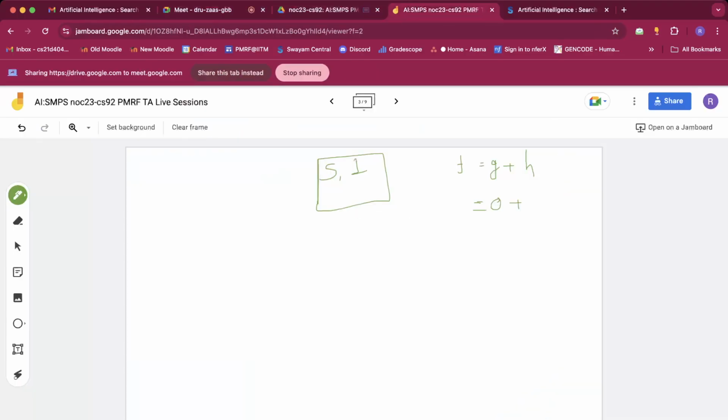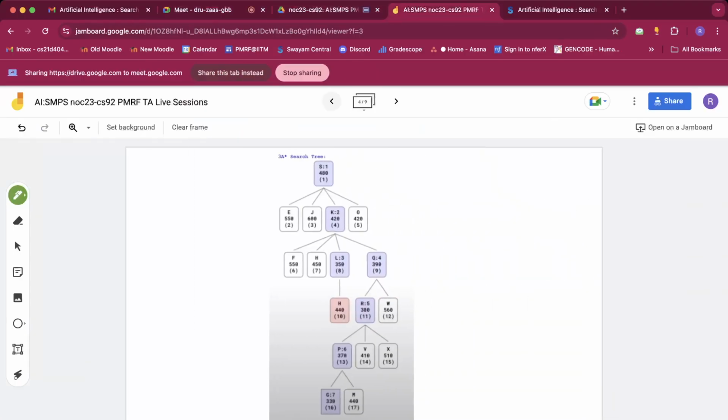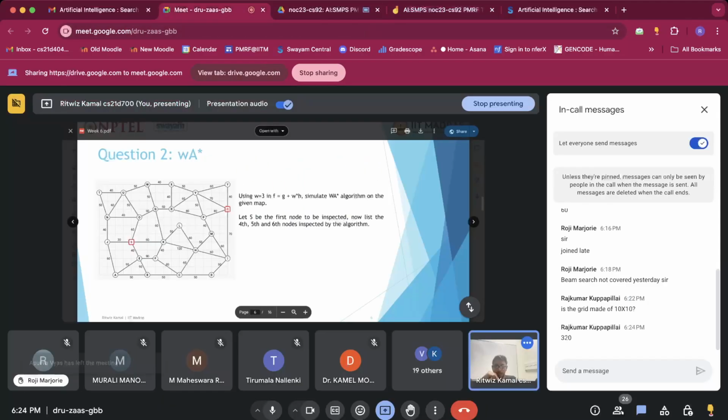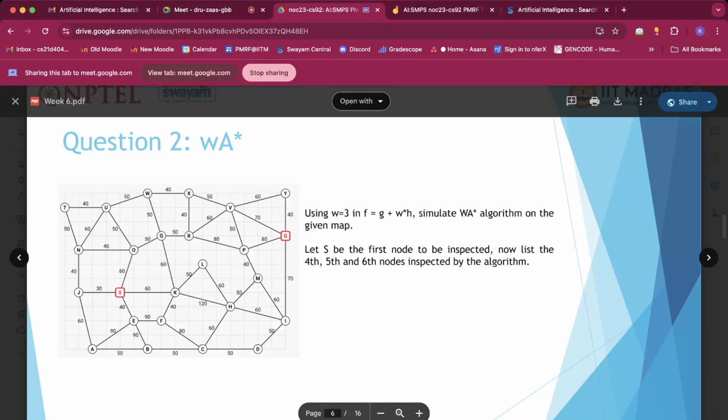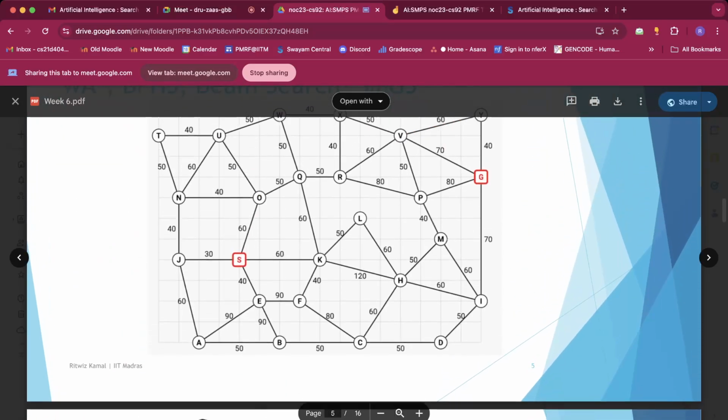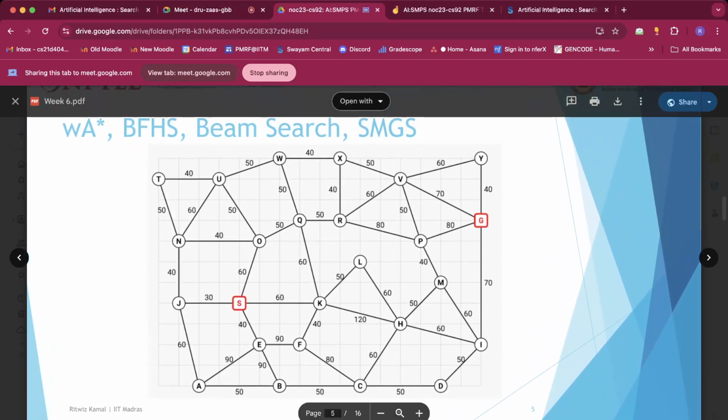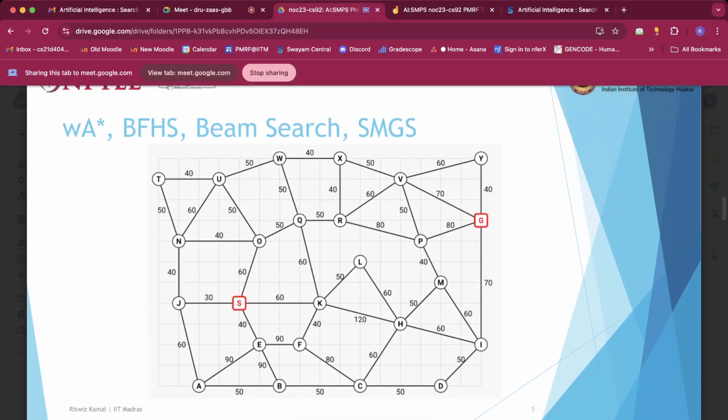I'll shift to the map. No, it should be 160, right? Let me check. How many squares do we have to move? 1 2 3 4 5 6 7 8 9 10 11 12 13 14 15 16.